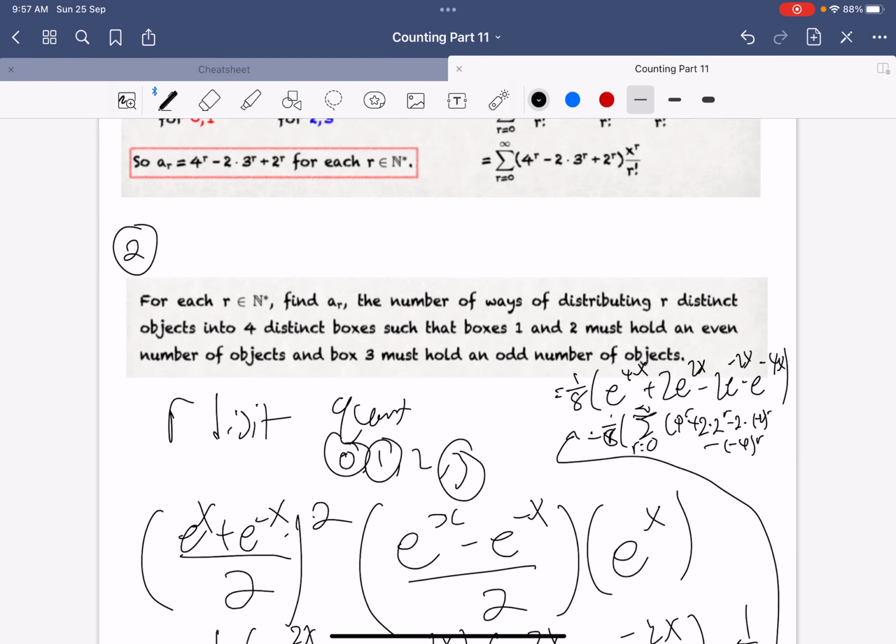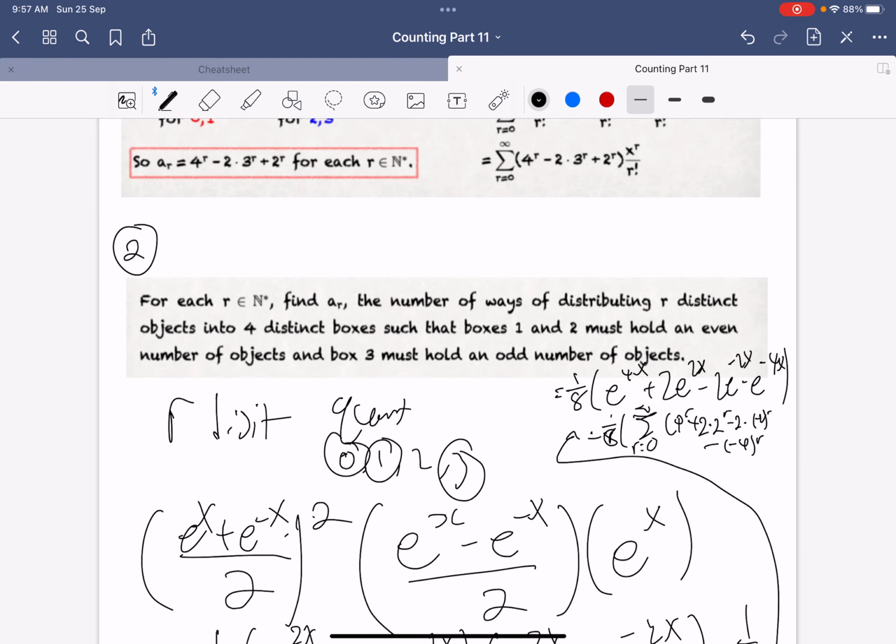And so the number of ways will just be 1 over 8 bracket 4 to the power r plus 2 to the power r plus 1, minus minus 2 to the power r plus 1, minus 4 to the power r.